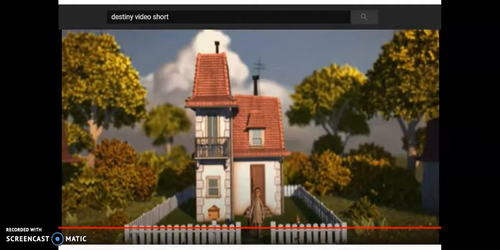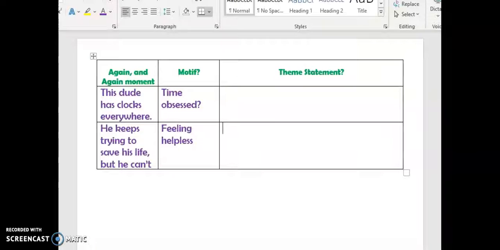Okay. So if I think about how that changed, if I think about that time obsession and how the author chose to show it working out at the end, I'm going to try and think of what he's trying to teach me.